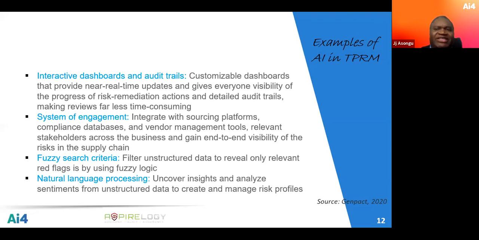Other ways in which AI can help in third-party risk management is by developing interactive dashboards or audit trails. What we mean by interactive dashboards and audit trails is simply the ability to customize dashboards that provide near real-time updates and give everybody visibility to the progress of the risk remediation actions.